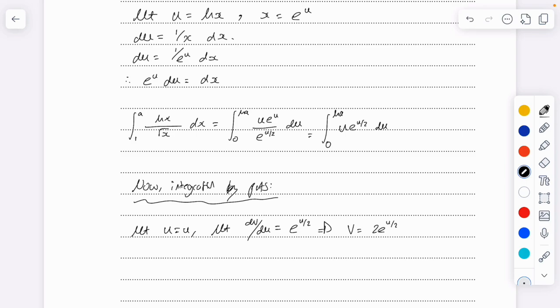Okay, so now we've just made this whole process 1,000 times easier for ourselves, right?